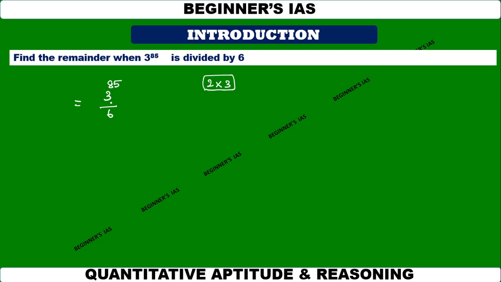The base of the numerator is 3. Now I am writing 2 into 3 like this. If I write like this, what am I getting? 2 power something and then 3 power something in the denominator. With this we can solve. So now check 2 into 3.